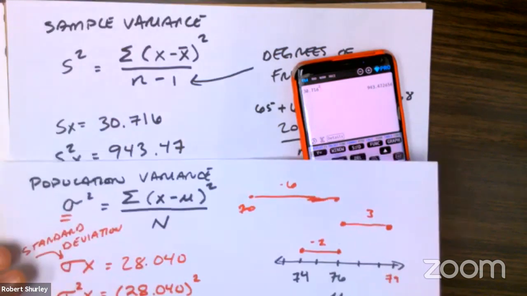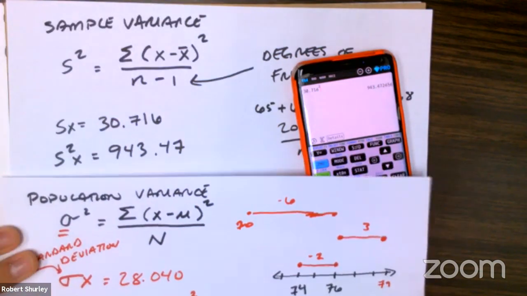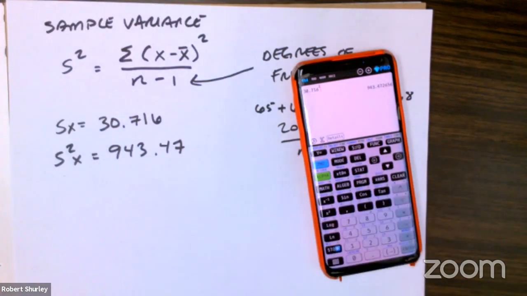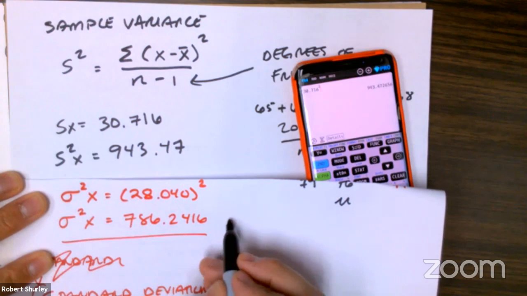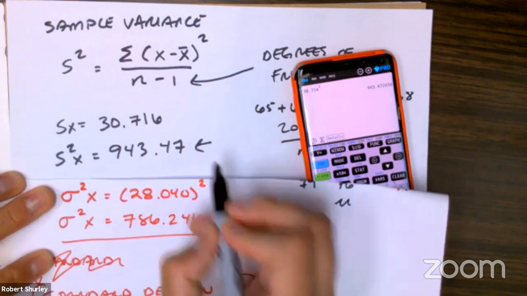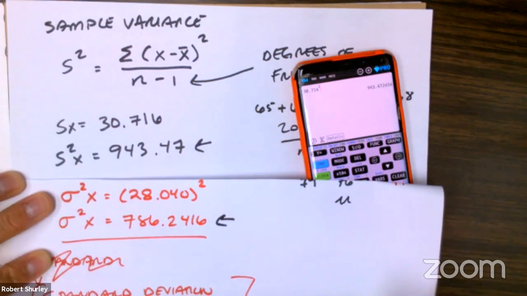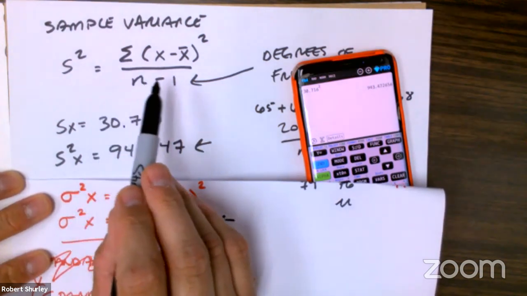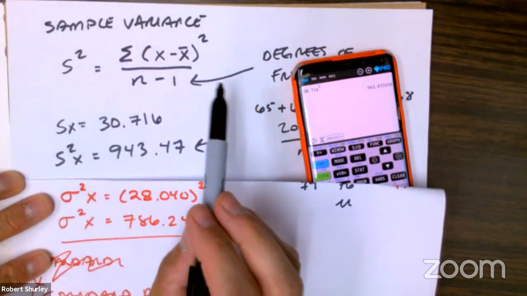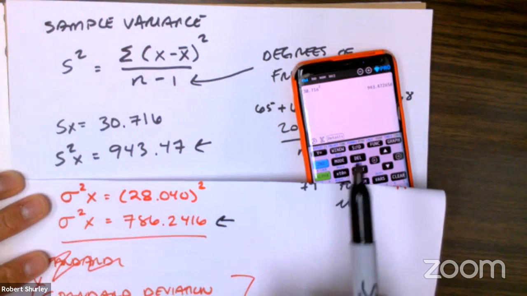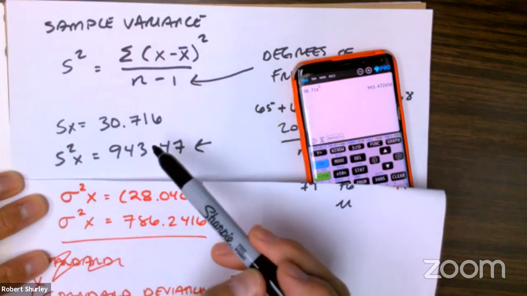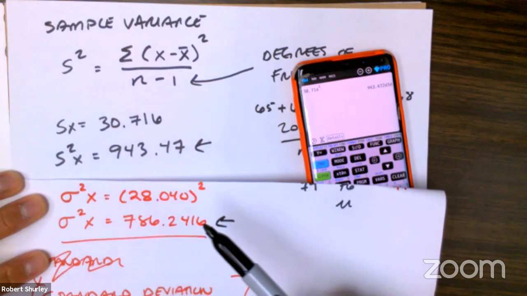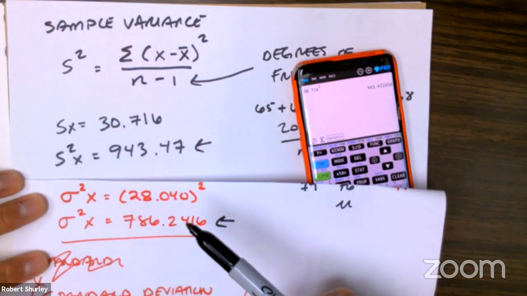Previously we found that the population variance was 786 while the sample variance was 943. The reason is that instead of dividing by 7, we're dividing by 7 minus 1, which is 6. You're dividing by a smaller number, which means you're going to get a bigger number for the average.